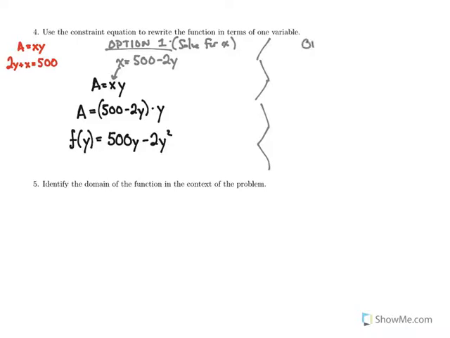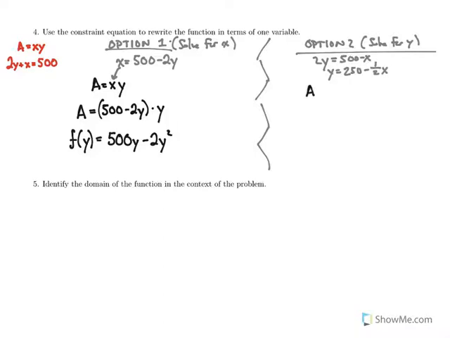The other option is we could solve for y instead and get a function of x. So that is writing 2y equals 500 minus x. So y is equal to 250 minus 1/2 x when we divide by 2.